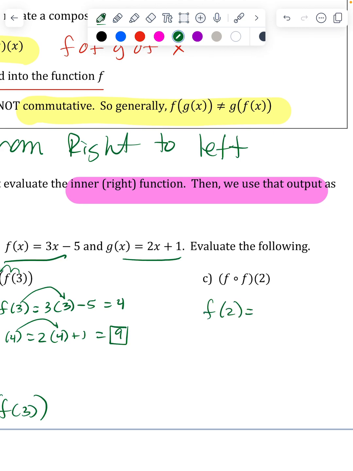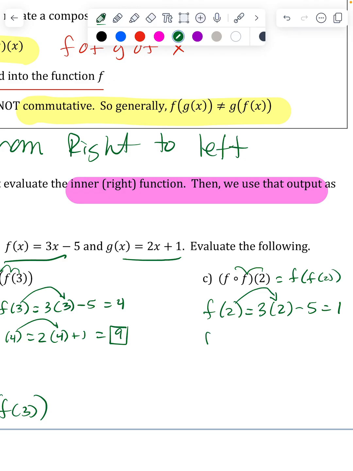F of 2 means I'm going to plug 2 into function F, and that will give me 6 minus 5, which is just a 1. And all it's saying is, hey, this is the same as this notation, F of 2. So I did that inner layer of F of 2.